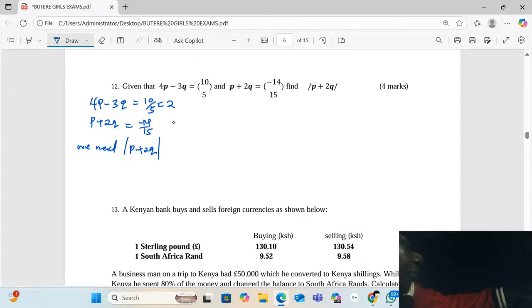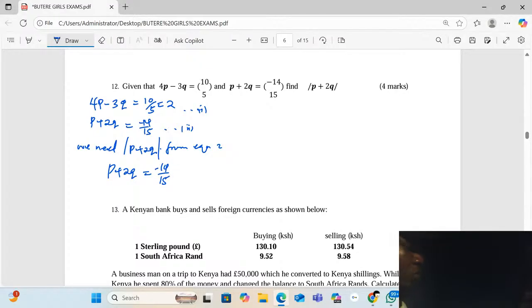We can get it from equation 2. So we can have this as equation 1 and this as equation 2. So we have this vector p plus 2q from equation 2, which is equal to negative 14 over 15.